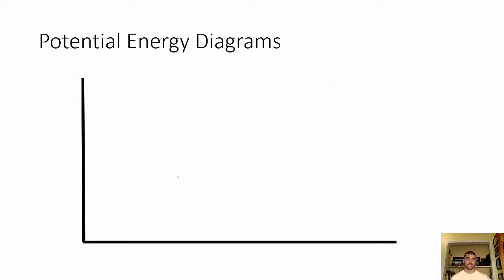So here's a potential energy diagram. Let's say for the lighting of the Christmas tree, right? We had to start it with a lighter. We had to invest some energy. And then once we got it to react, it started to lose that energy. Now my question is to you guys, did it lose more energy than we put in, or did it gain energy from the environment? Hopefully this one's pretty obvious. The tree released a bunch more energy than we put in, so it's going to release more energy than we had to put in, and it's going to end up with lower energy than what we started with.